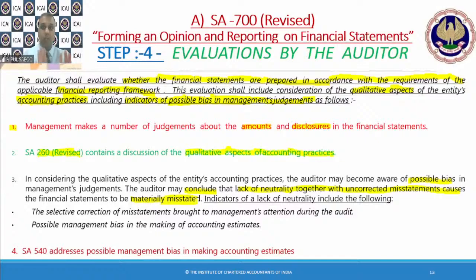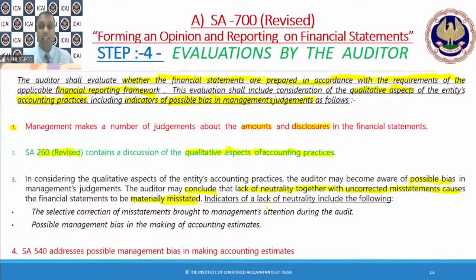So they are not true and fair. They are not neutral. Anything which is neutral is true and fair. So lack of neutrality because there is bias involved, and it gets coupled with uncorrected misstatement. Two negatives adding, leading to a higher negative. So the financial statements are highly materially misstated.